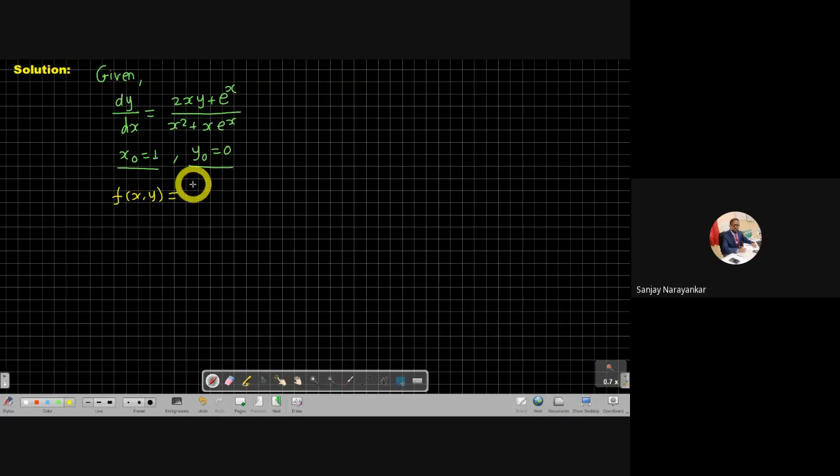What's the f of xy? 2xy plus e raised to x, square plus x e raised to x. So you have to set this equation in your calculator. So to find, what do you have to find out? Y value at x is equal to 1.2 and y value at x is equal to 1.4.